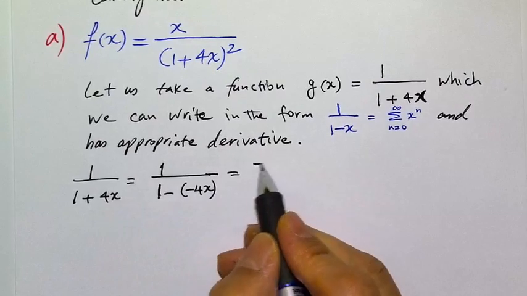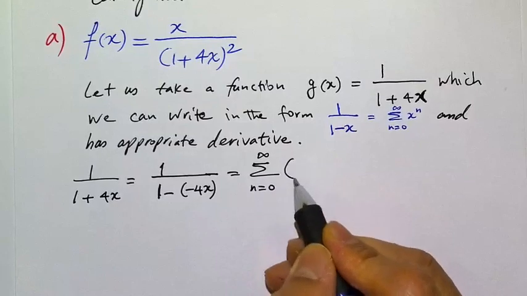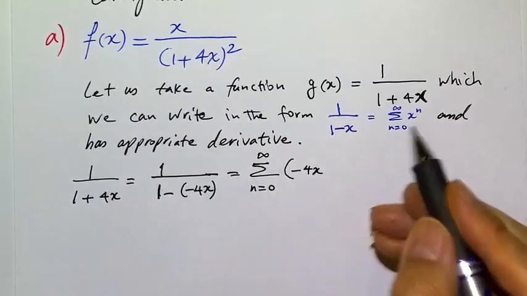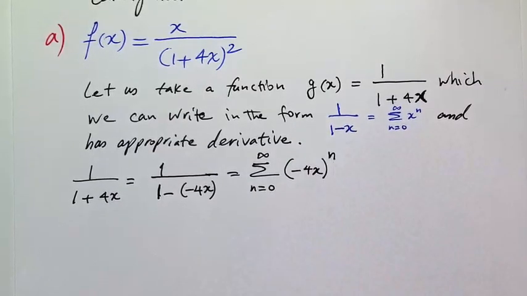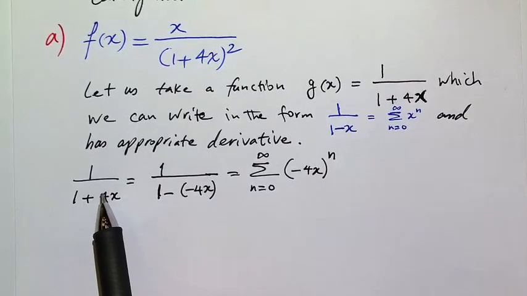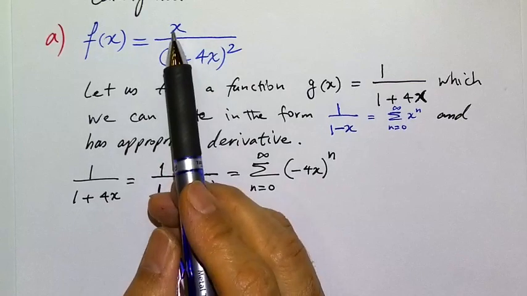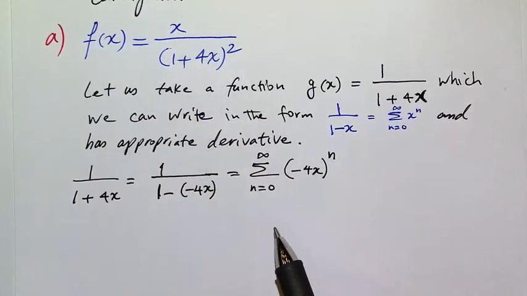And therefore, we can write the power series for this with minus 4x playing the role of x raised to n. Now, this represents a function that is somewhat similar to the one we want, but not quite, right? We have x there, we have a power here, so we're not there yet.